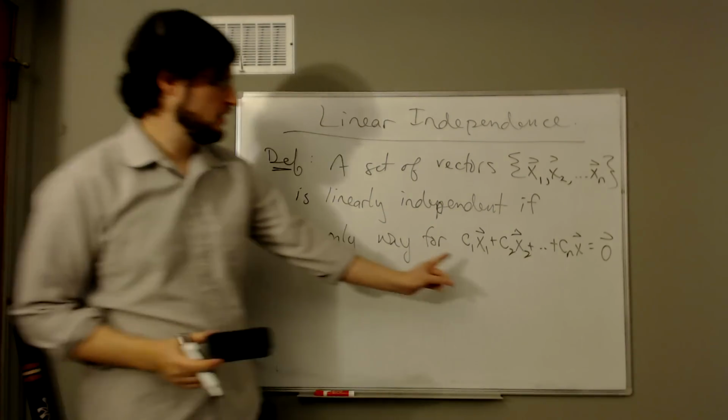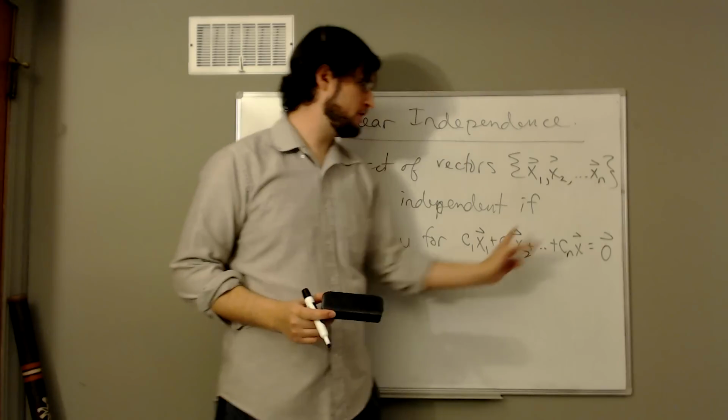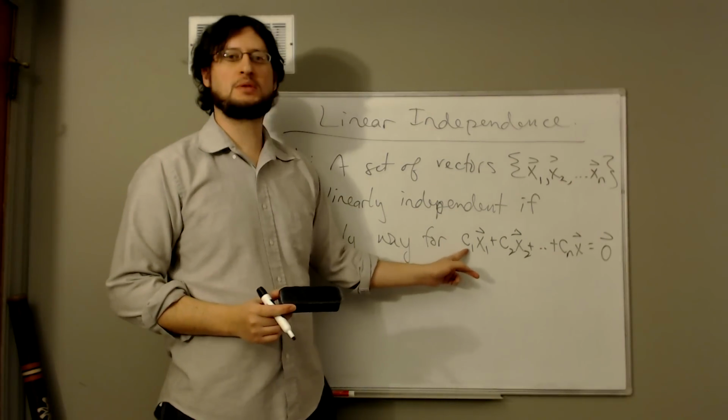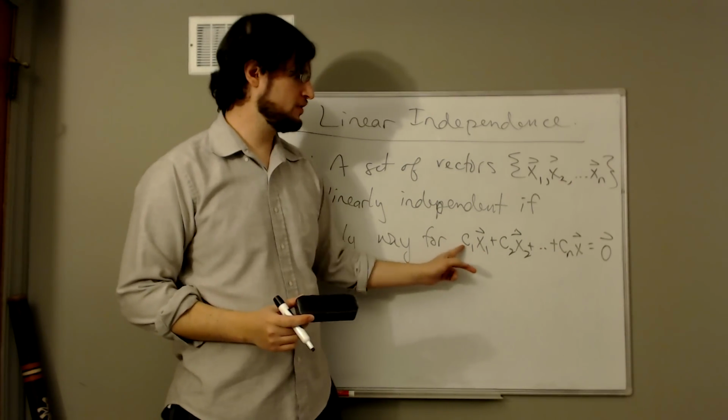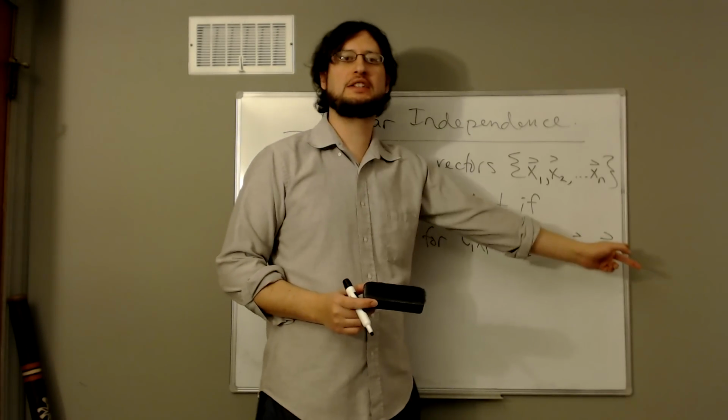Notice what I've done. I've got a set of vectors. We're going to look at examples of these. I'm scaling each vector by some constant out front. So each vector is scaled by some different amount. Then I'm adding them all up and I'm saying, can I get 0 back?